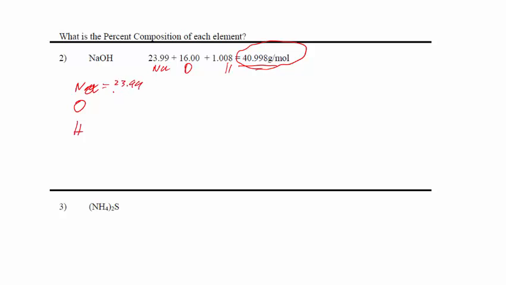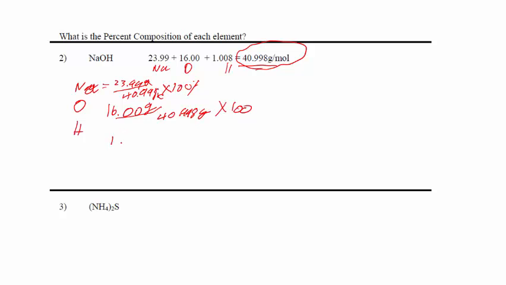23.99 over 40.998 times 100%, and this is grams and grams, so grams cancels. And for oxygen we have 16.00 over 40.998 grams times 100.